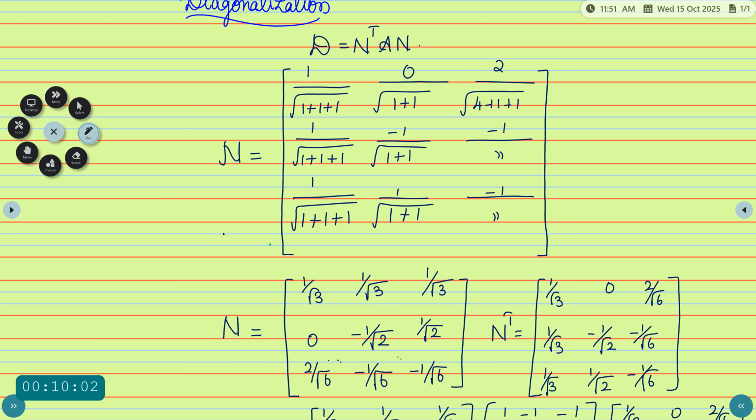Using three eigenvectors, x1, x2 and x3. x1 equal to 1, 1, 1, x2 equal to 0, minus 1, 1, and x3 equal to 2, minus 1, minus 1.